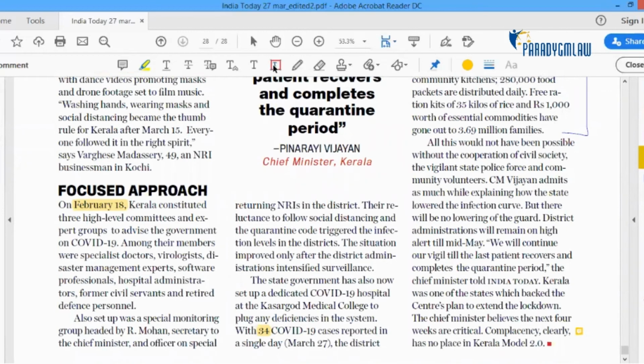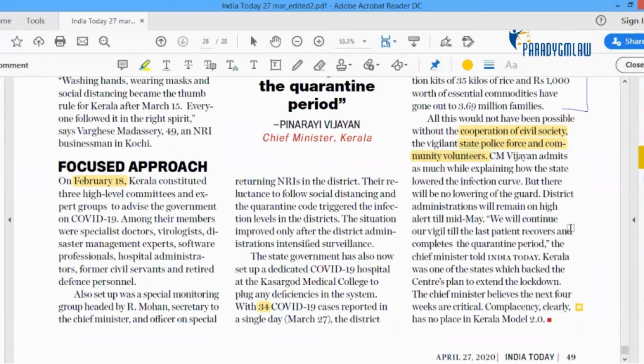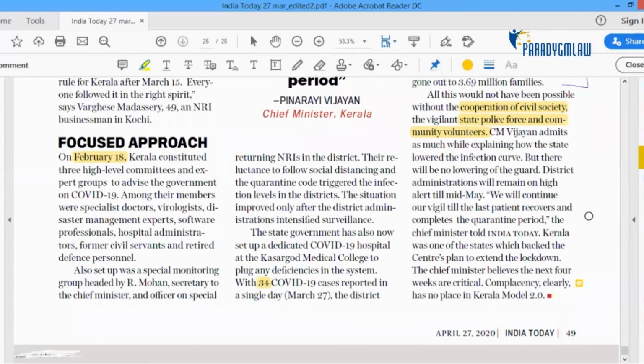Now here the author is focusing on the possibility of the whole operation being successful should be attributed to the cooperation of the civil society and the state police force as well as the volunteers. That brings us to the end of this article.